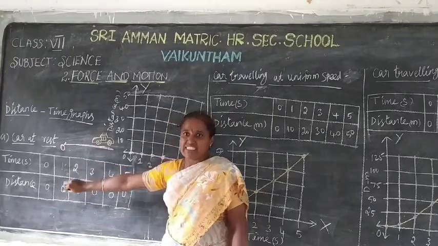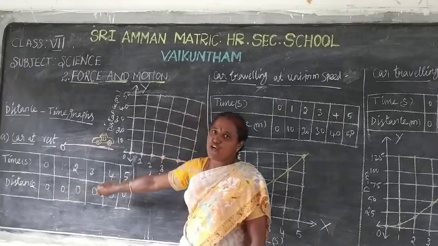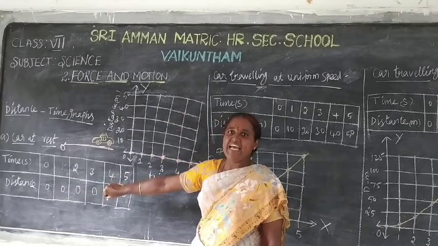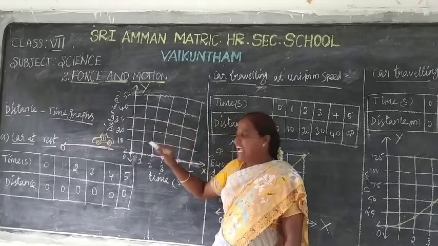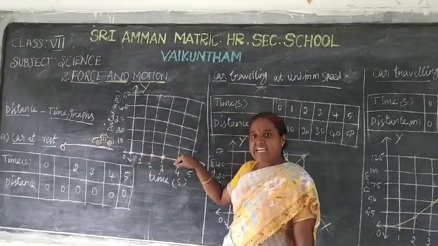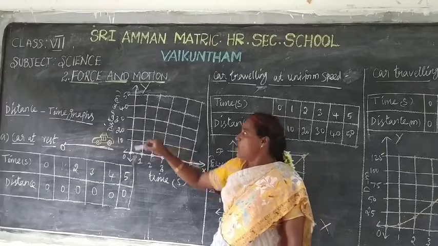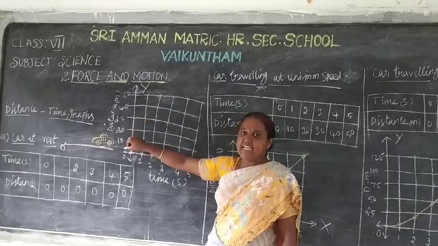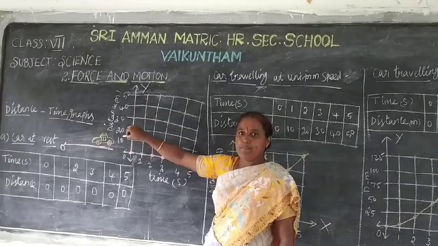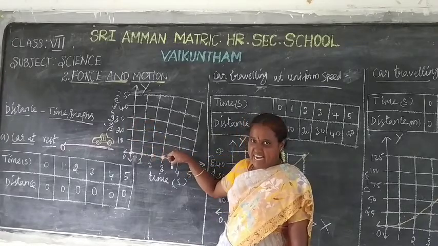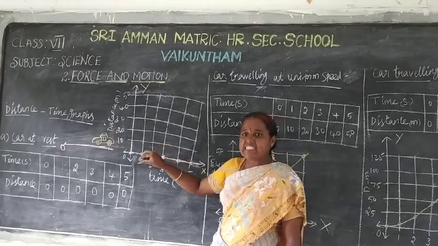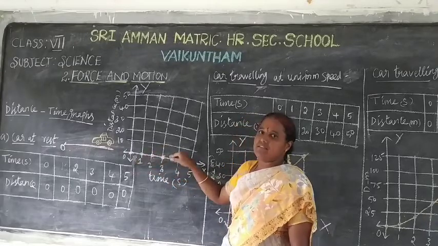This is a distance-time graph. Here the x-axis indicates the time and the y-axis indicates the distance. The points are plotted in the graph. Here the distance is a constant.